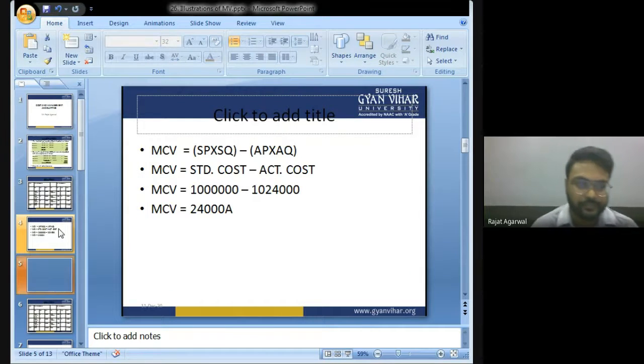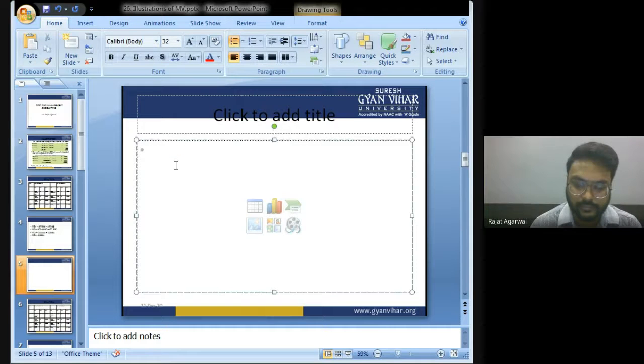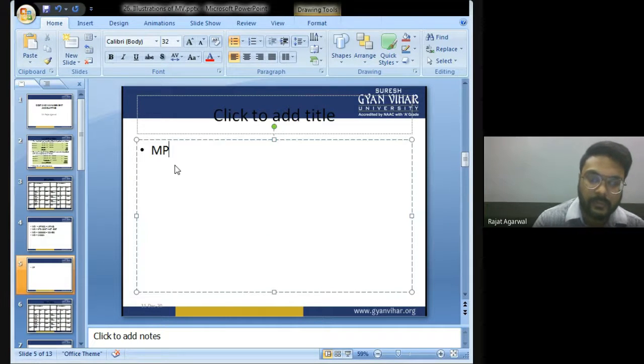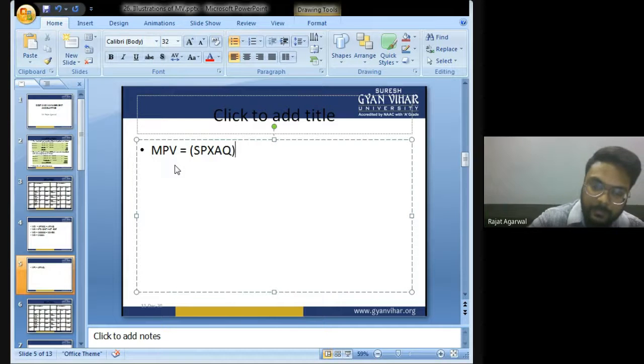Now, material price variance. Formula of material price variance is standard price into actual quantity minus actual price into actual quantity.